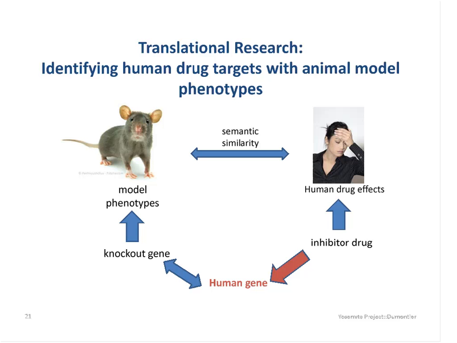And so in that sense, if we can match the phenotypes that we observe in humans, the side effects that are observed in using a drug in humans, we can potentially pinpoint which are the targets of those drugs. And so we do that in part by using measures of semantic similarity, where we compare human drug effects with animal model phenotypes.